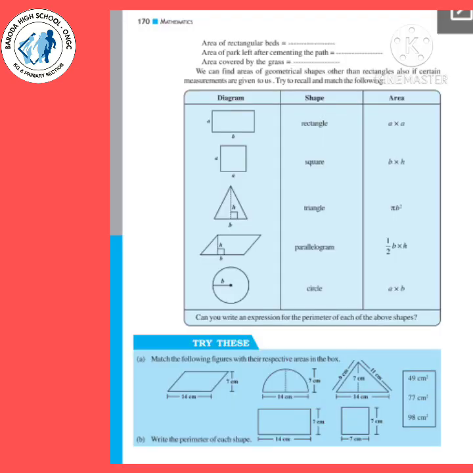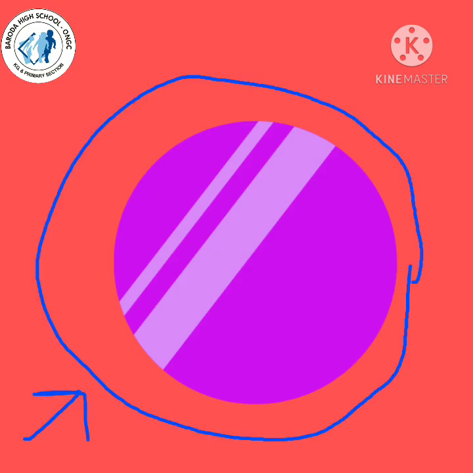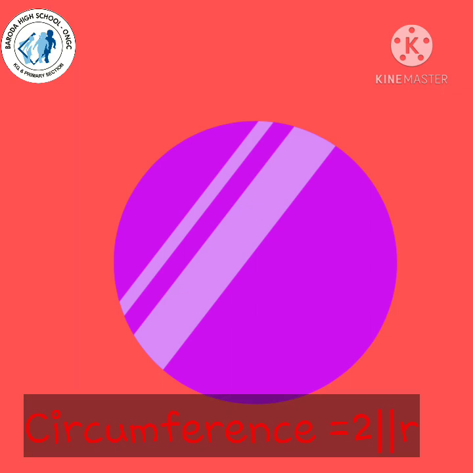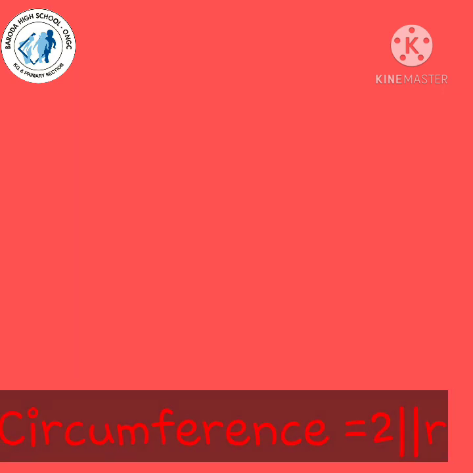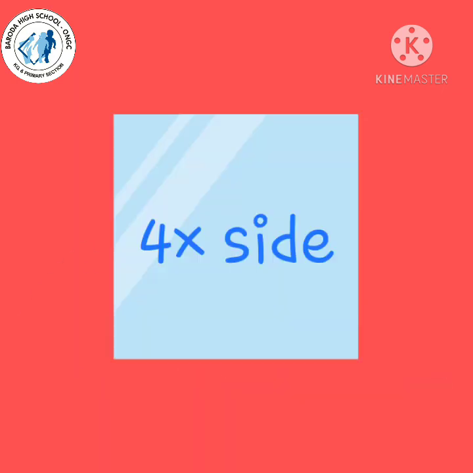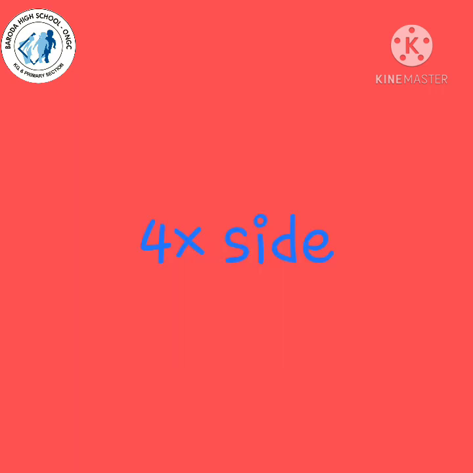Now let us start with revision of area and perimeter of our plane shapes. First, tell me what is the perimeter of a circle? That is the circumference, the length of the boundary. It is calculated by the formula 2 pi r. Yes. And what is the perimeter of a square? 4 multiplied by the length of one side.